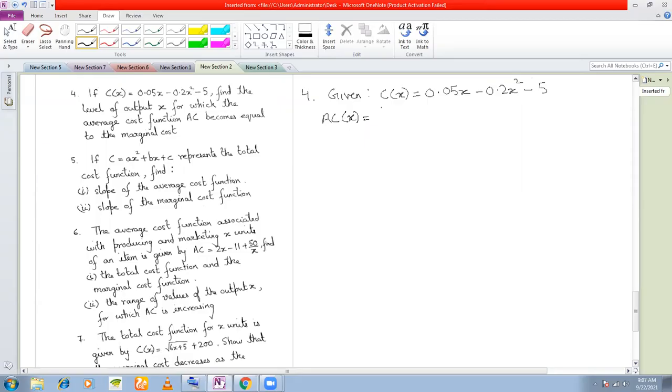Average cost function is the total cost function divided by output.